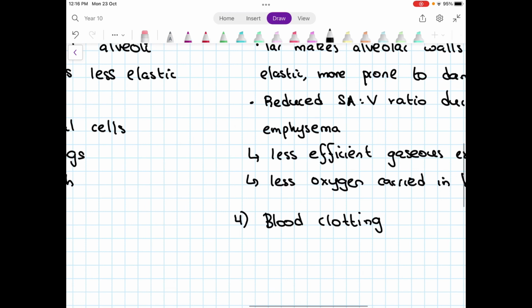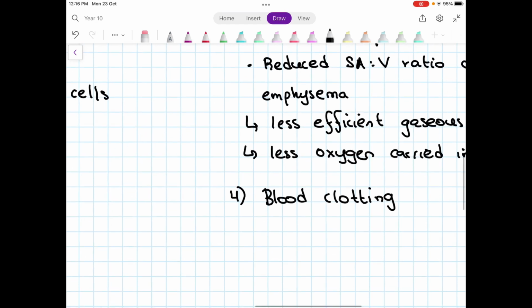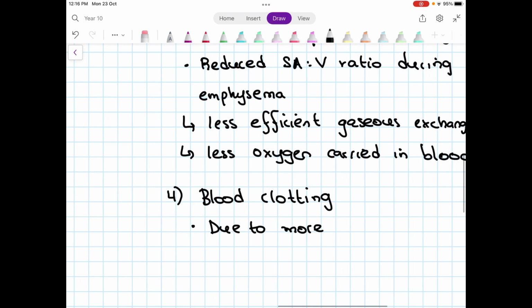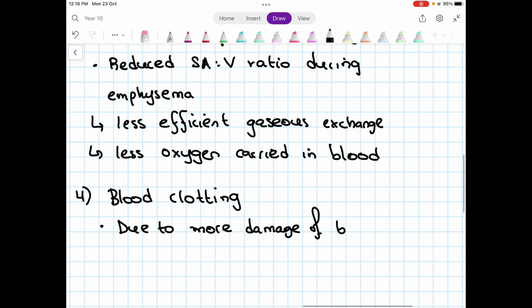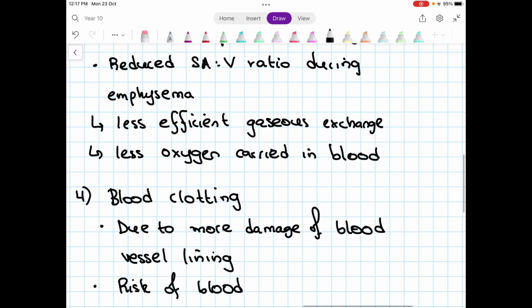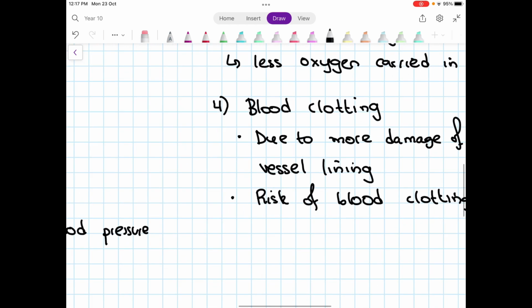Because components of cigarettes, such as oxidizing chemicals, can damage the lining of blood vessels, the risk of blood clotting is increased.